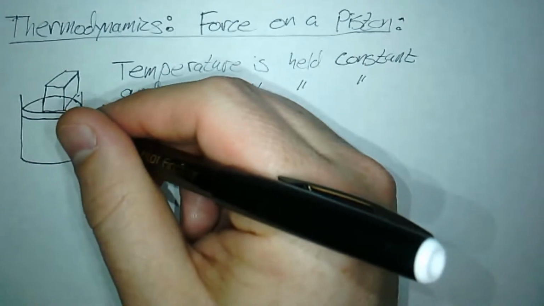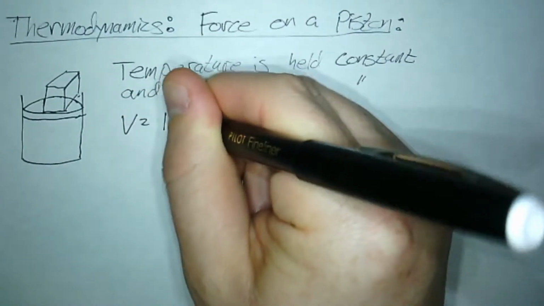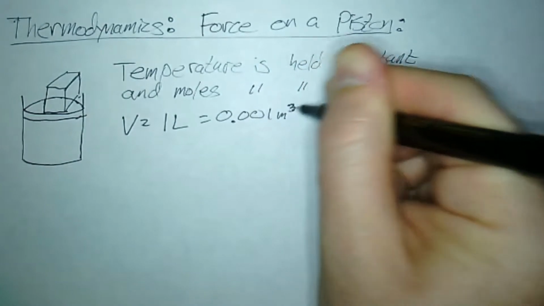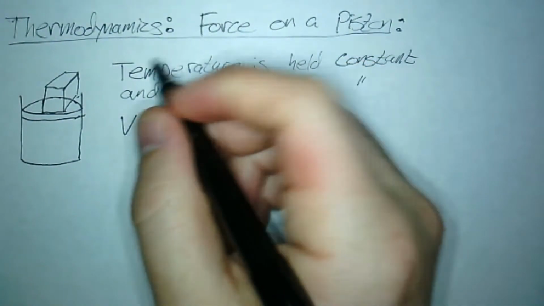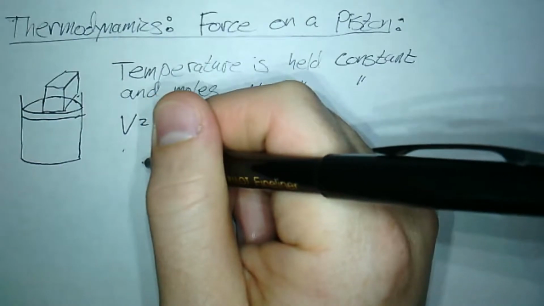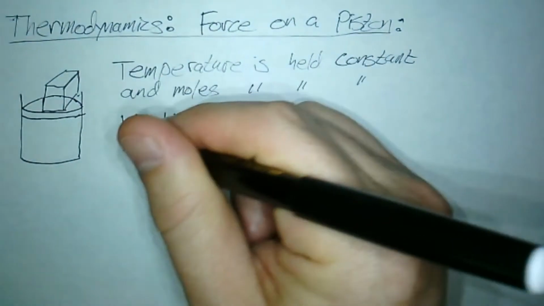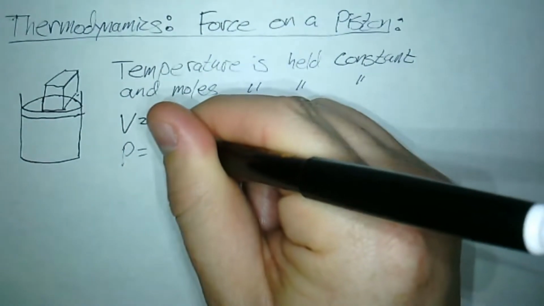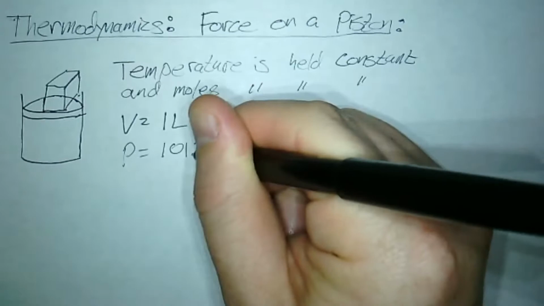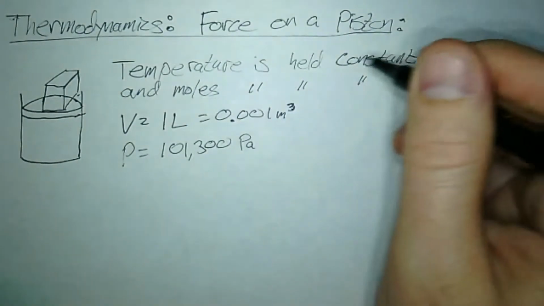So let's say you initially have a 1 liter, or 0.001 meter cubed volume, and you have it at a pressure of, let's just say, sea level pressure, so 1 atmosphere, 101,300 pascals, or 101.3 kilopascals, or 1 atm, whatever you want to call it.